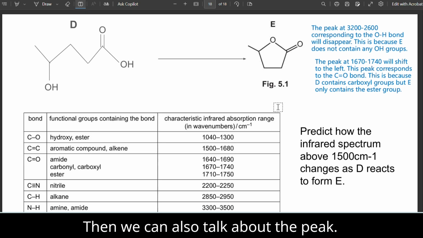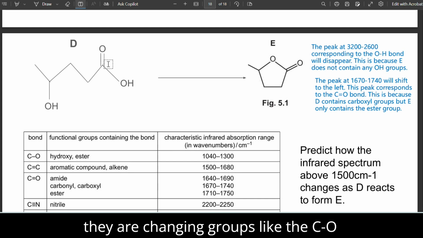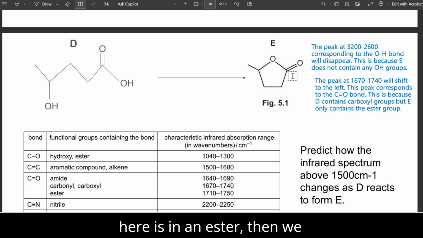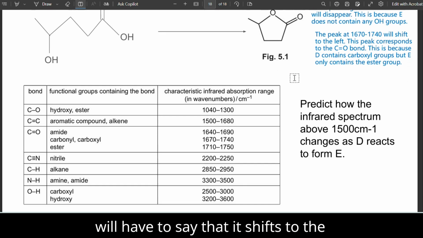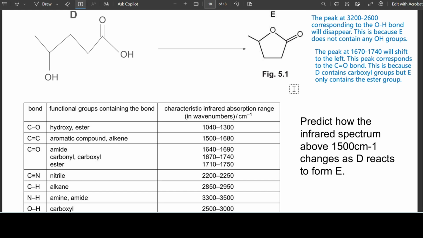Then we can also talk about the peak if it's the same bond but they are changing groups, like the CO bond here being in a carboxyl, the CO bond here in an ester. Then we will have to say that it shifts to the left or to the right because D has carboxyl, E has ester, or vice versa.